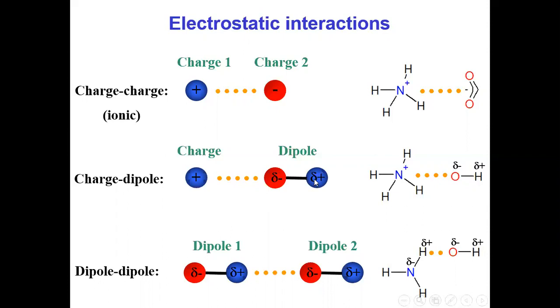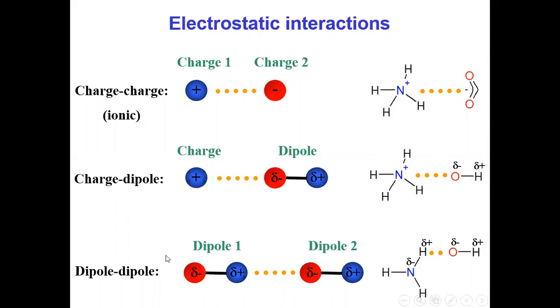And therefore, the other atom, which has a deficiency of electrons, becomes partially positively charged. The example that we have here is of the same ammonium molecule interacting this time with the hydroxyl group, which is a dipole. And in this dipole, the oxygen is partially negative and the hydrogen is partially positive.